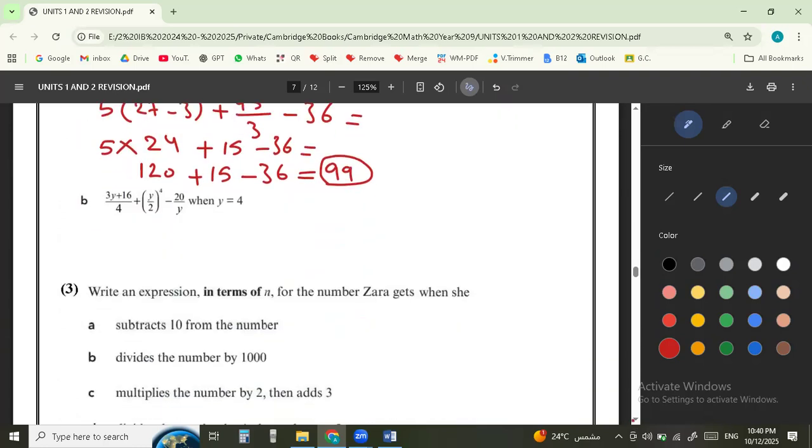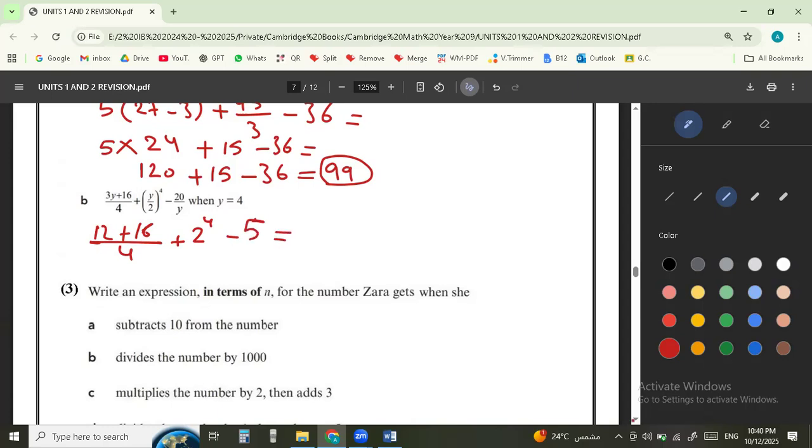Y is 4, so 3 times 4 is 12, plus 16 over 4. Plus Y is 4, so 4 over 2, 4 divided by 2, which is 2, to the power of 4. Minus 20 over Y, which means 20 divided by 4, which is 5.